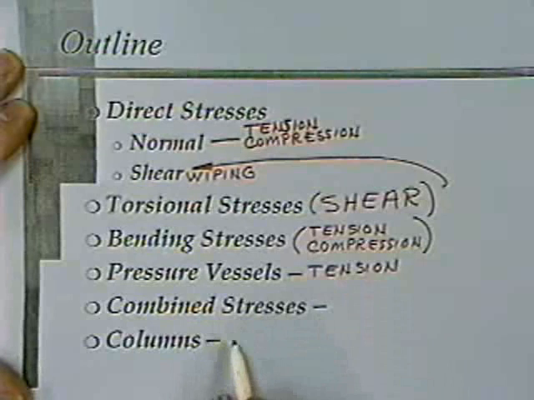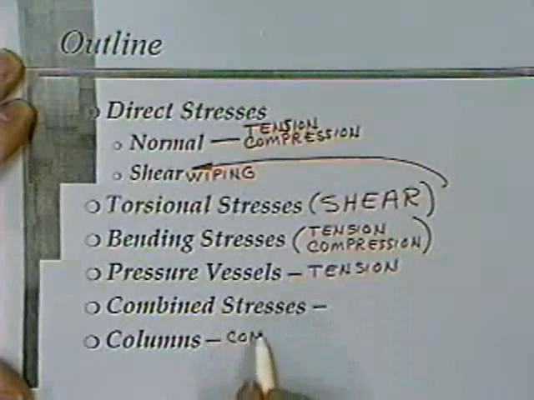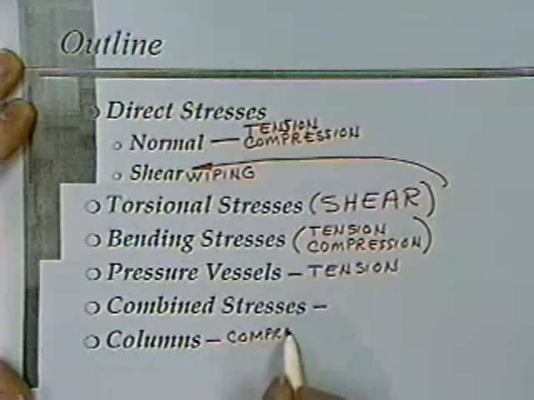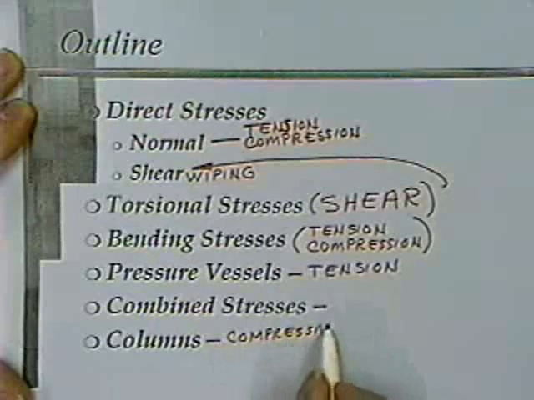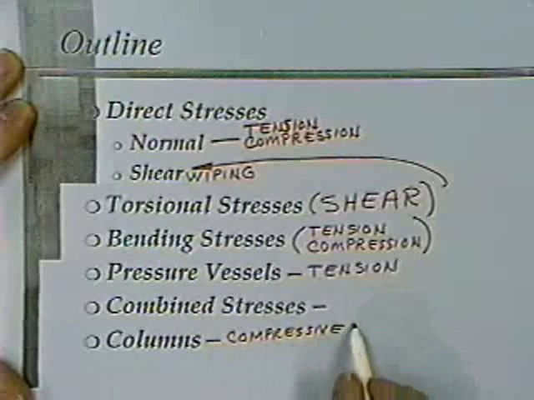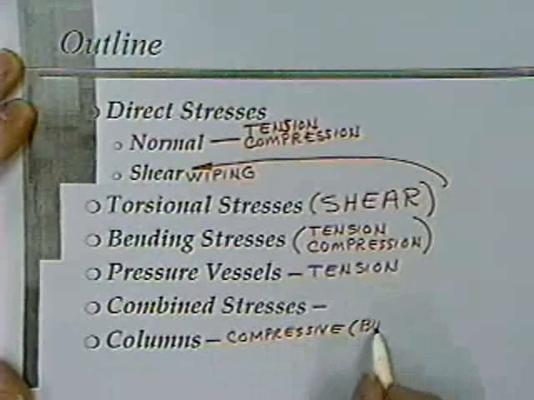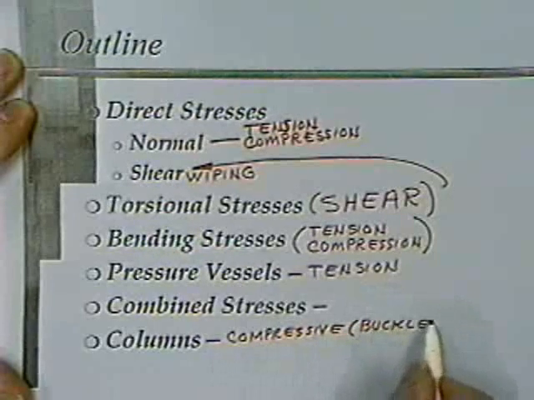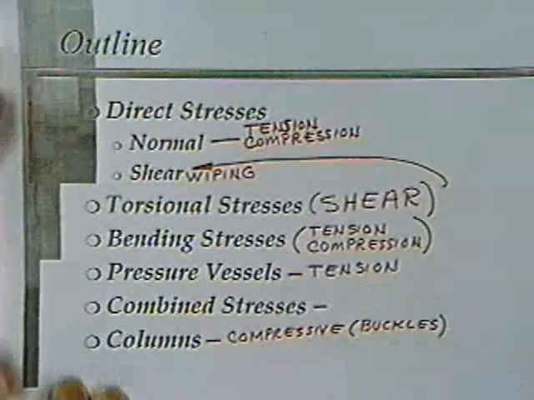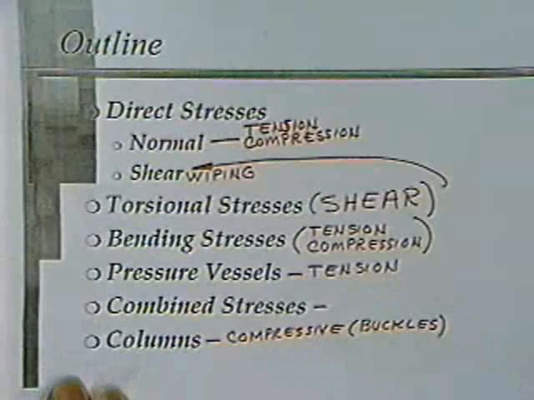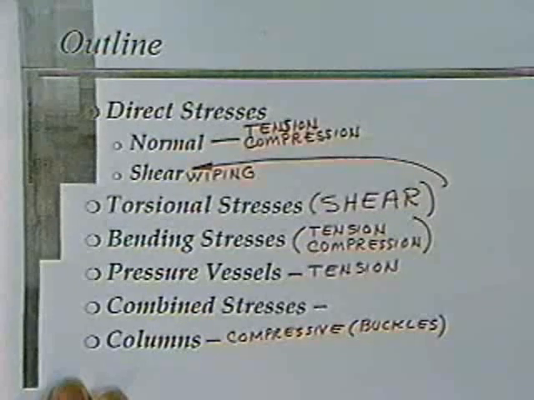And finally, columns, they have compressive stresses in them, but their failure mode is actually one where the column buckles. And that phenomena is like when you take a meter stick and you press on the meter stick, and all of a sudden, with very little or no warning, the stresses exceed some level that cause the thing to pop out to the side about its weak axis.